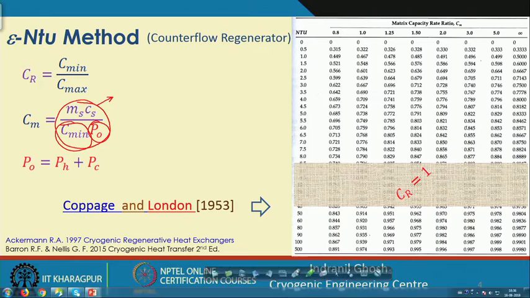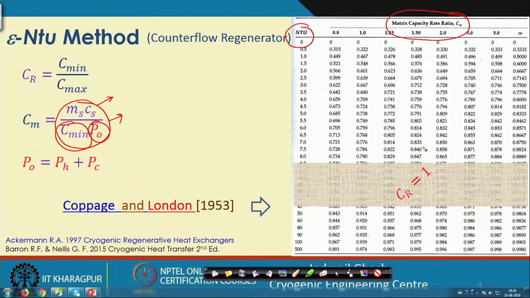Here we find that this has been given in terms of NTU and the matrix capacity rate ratio. These are the different epsilon values corresponding to different NTU and different matrix capacity rate ratio. So, if we know the Cm and the NTU, we would be able to find out the epsilon, or the effectiveness, of the regenerator.